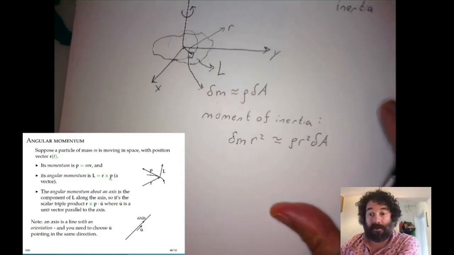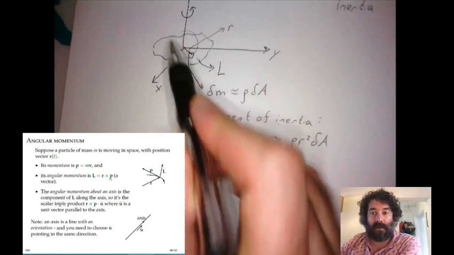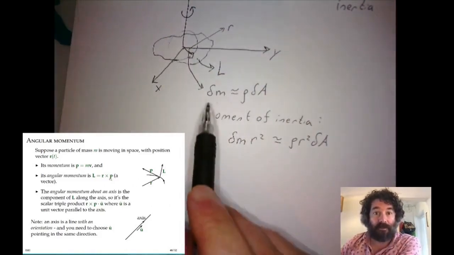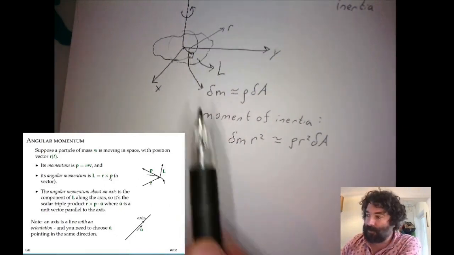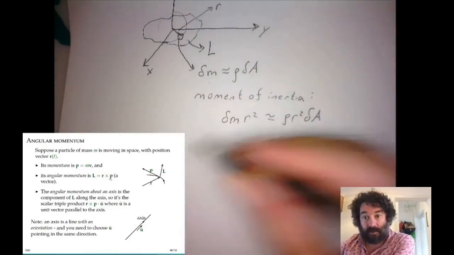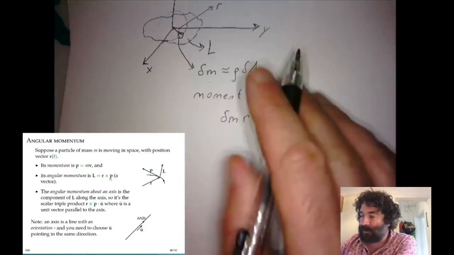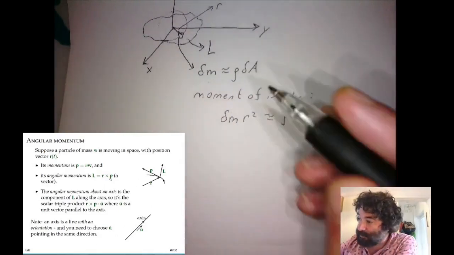Right, and so now in order to find the moment of inertia of this entire plate, we add up the moments of inertia from each of the small little bits. So the moment of inertia of the entire plate, if it rotates around the z-axis with angular velocity omega, well, it doesn't depend on omega, we multiply by omega to get the angular momentum.